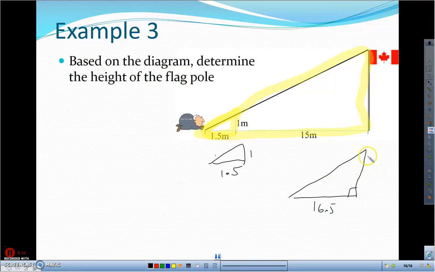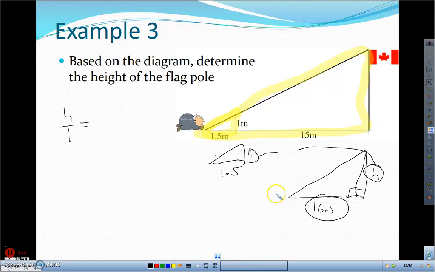The height of the flagpole is going to be h. We label it with what we want to find. So we start with the variable we want to solve for, h over 1, which corresponds to this side. These are corresponding sides. We went big to small, so we go big to small again.